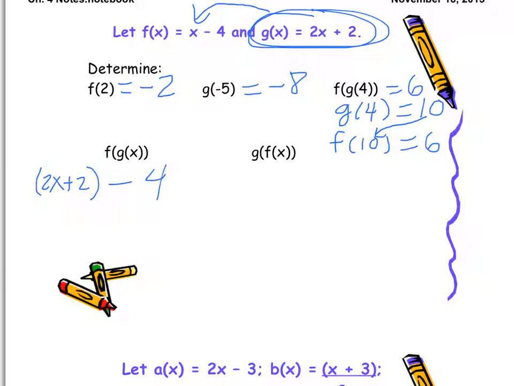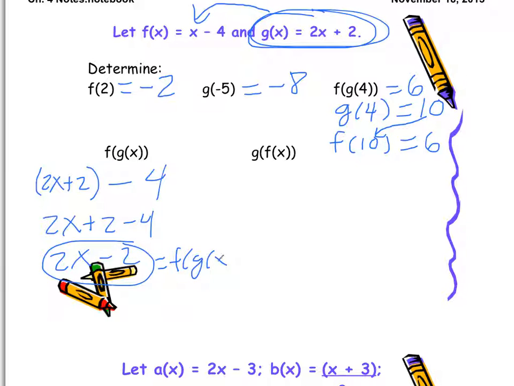There's nothing to distribute on those parentheses, so I can just drop them. 2x plus 2 minus 4 ends up being 2x minus 2. That would be that new function, which would be equal to f of g of x.